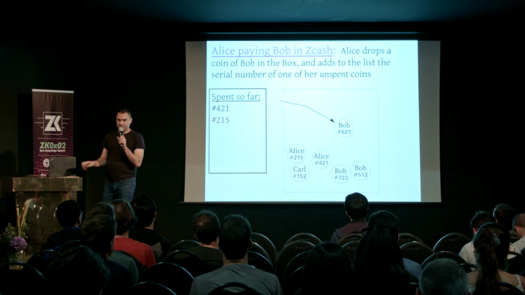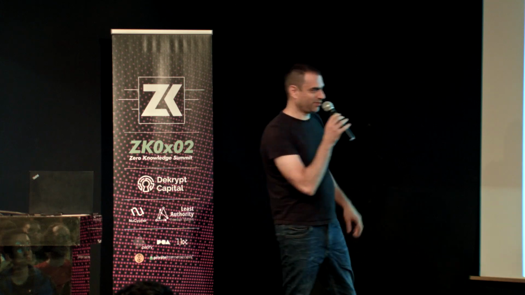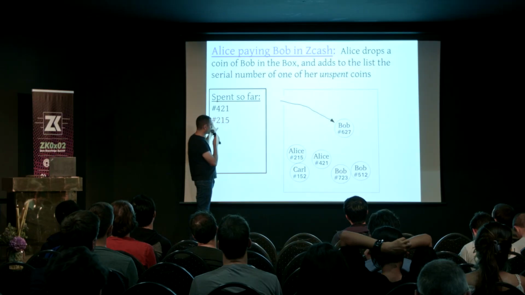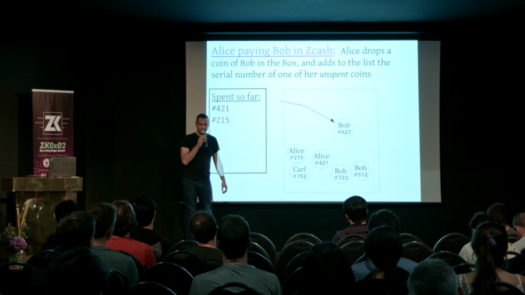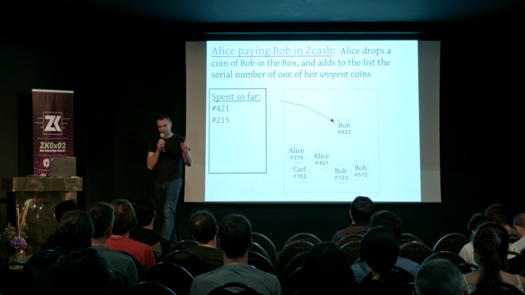Now the question is, how does Alice pay Bob in such a system? Like in Bitcoin, she's just going to create a Bob coin, and she wants to now drop it in the box. But before she drops it into the box, we ask Alice to write a new number on the list, a number that's different from what's on the list so far.